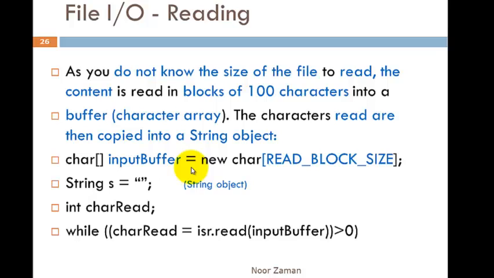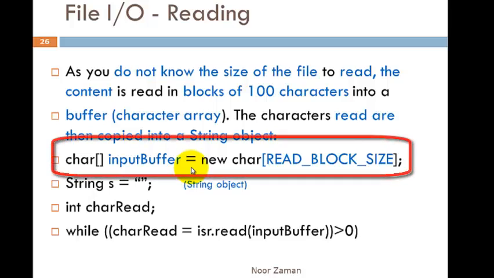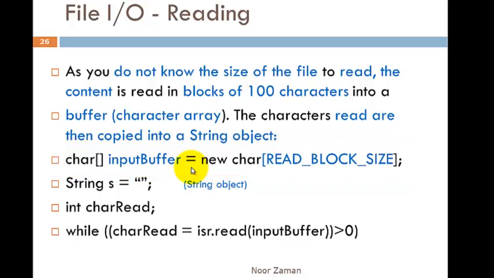Because we don't know the size of the file to read the content, we read it in blocks of 100 characters into a buffer array. So we create the character array, the buffer array, and we read all the data in the form of blocks into the array, and then finally we copy whatever we read into a string object.